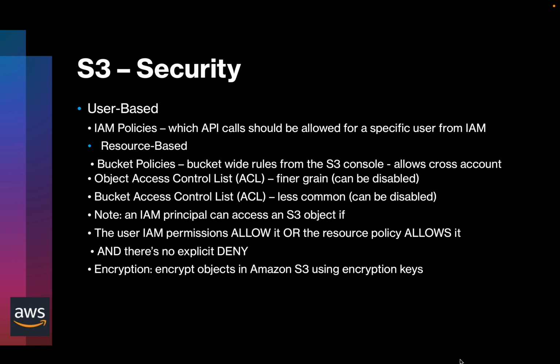Note, an IAM principal can access an S3 object if the user's IAM policies allow it, or the resource policy allows it, and there is no explicit deny. And for encryption, in Amazon S3 we can encrypt the objects using encryption keys. This is one of the advanced concepts in Amazon S3.